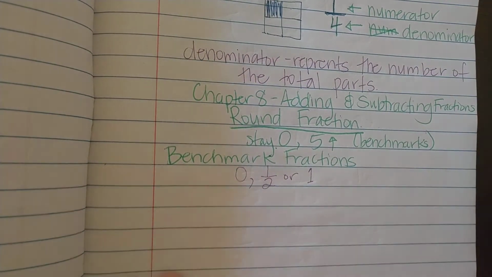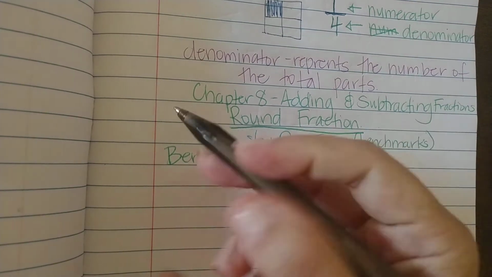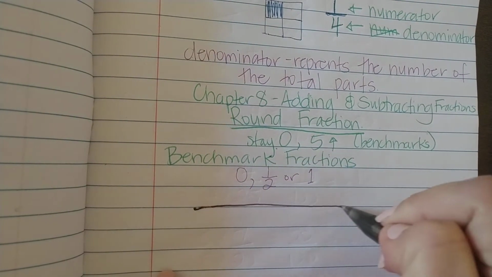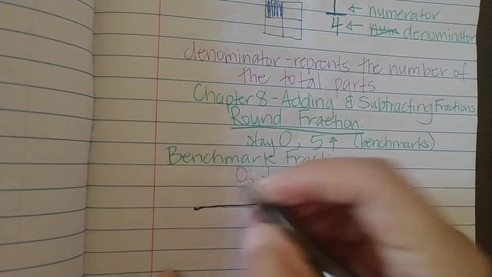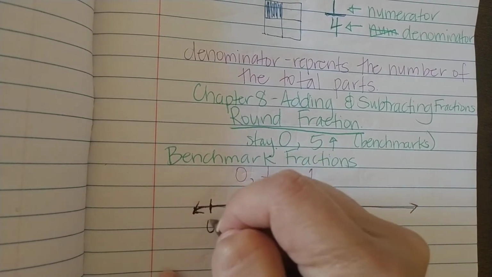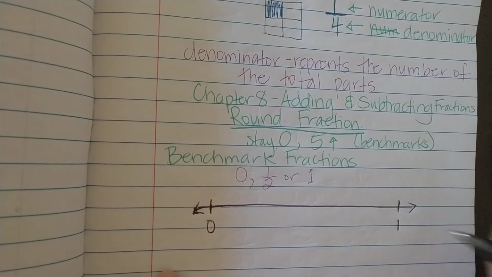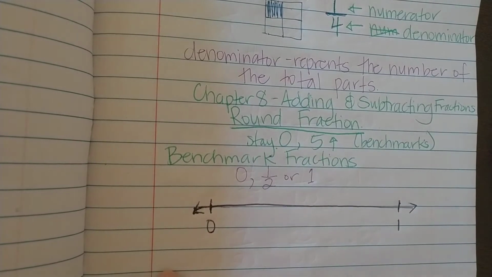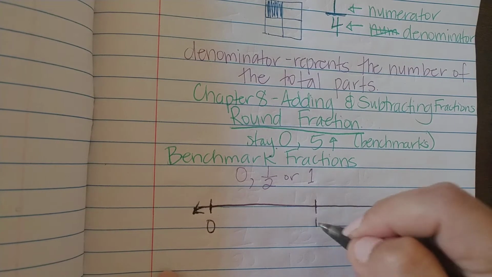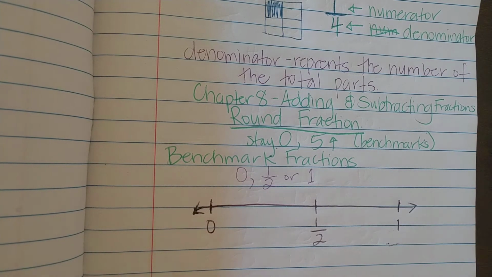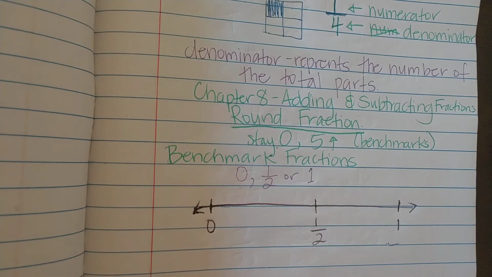And if we use it in a number line, here is a number line. We'll say this is 0 and this is 1. On a number line with your fractions, this is 1/2. So for example, that 1/4 I used earlier means I need to break this apart into 4 parts, right?